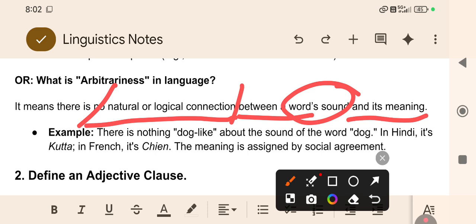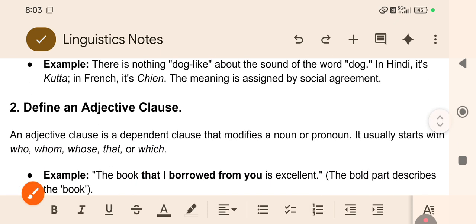So this character is called arbitrariness, because there is no logical or natural connection between the word and the object. You can define it this way also. Now, there is nothing doglike about the sound of the word dog.